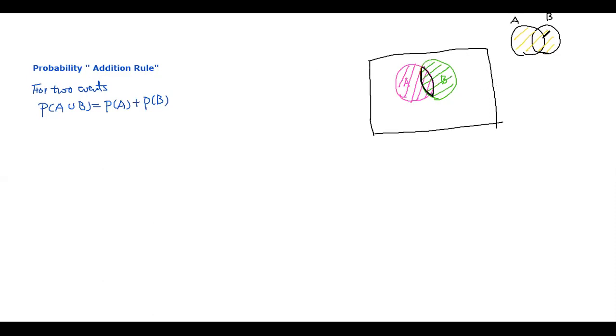Remember, for A union B we just want this area once, and I added it twice, because you see here the green and the purple color. This is the common area, which we say is A intersect B. So that's why here I need to subtract P(A intersect B). Did you get that?